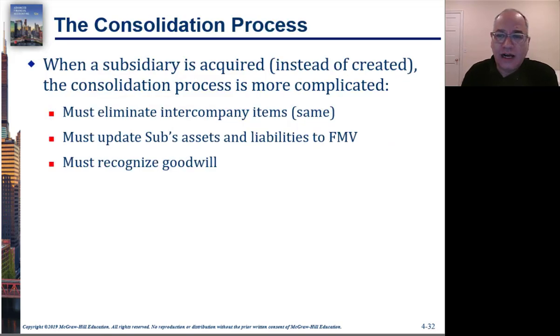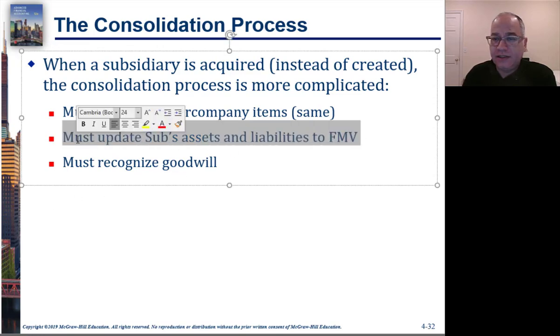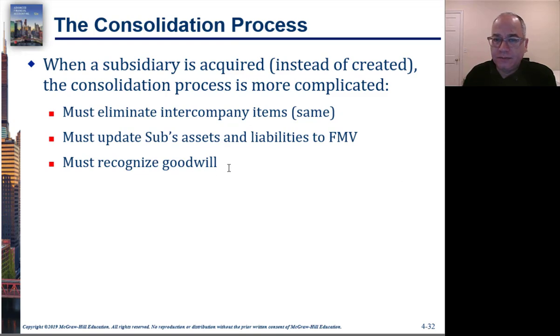So when you consolidate, there are a number of different things you're going to need to do. One is to update the assets and liabilities to fair value, based on fair value on the date of acquisition. You have to record any goodwill or any new assets that were recorded as part of the acquisition. And then you're also going to need to eliminate intercompany items.